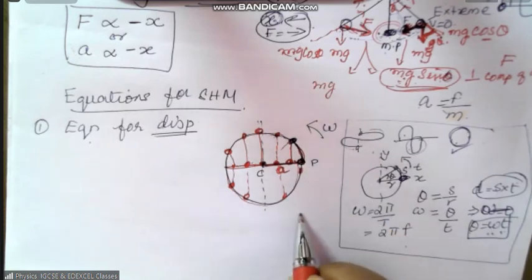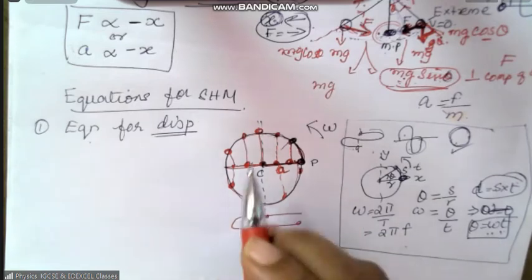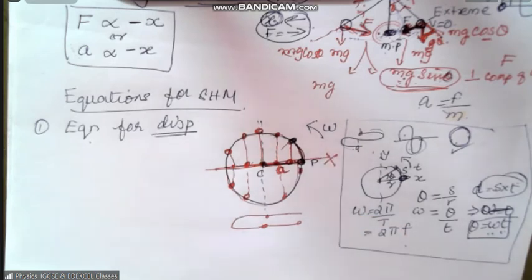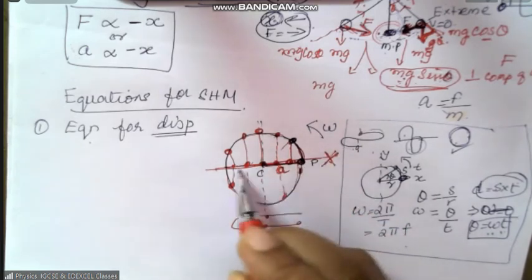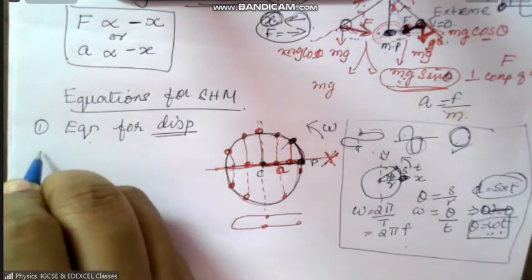Actually, it made this movement. Here we took this as the x-axis. So we can make an equation for the displacement. So this is the displacement. So this is the basic concept.